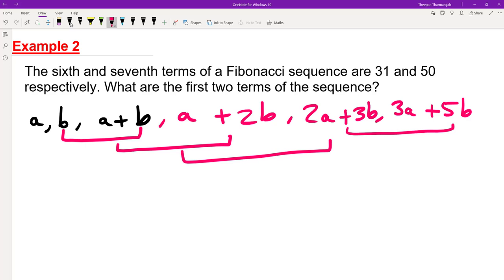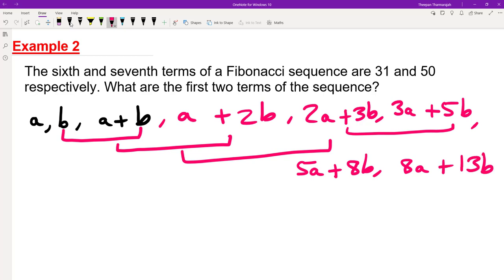So now we're going to get the next term, which is 2A plus 3A is going to be 5A. 3B plus 5B is 8B. Then we're going to add 3A and 5A together. That's going to give me 8A. And 5B and 8B will give me 13B.